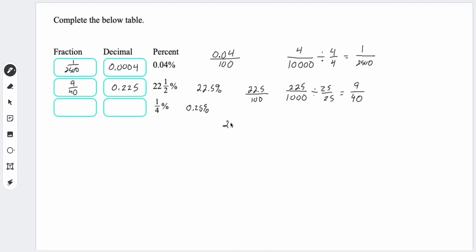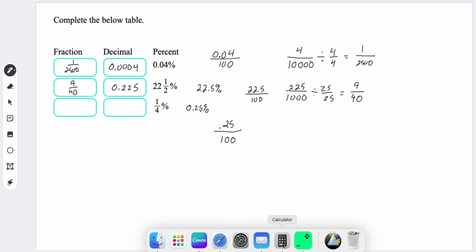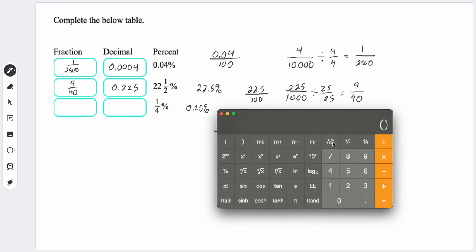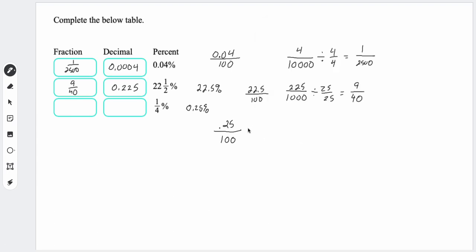So that's 0.25 out of 100. So when we divide that by 100, 0.25 divided by 100, we move the decimal place over, and we get 0.0025.